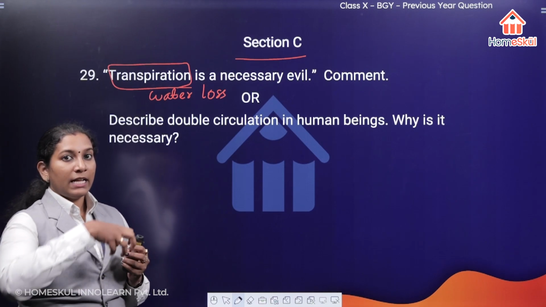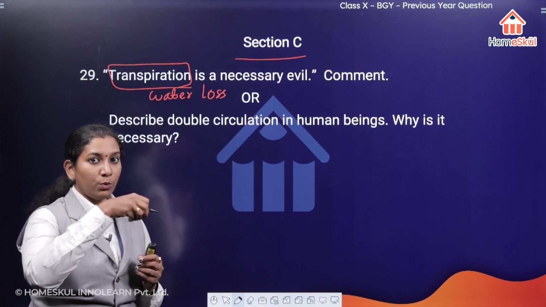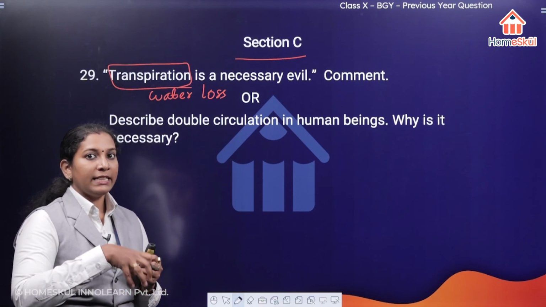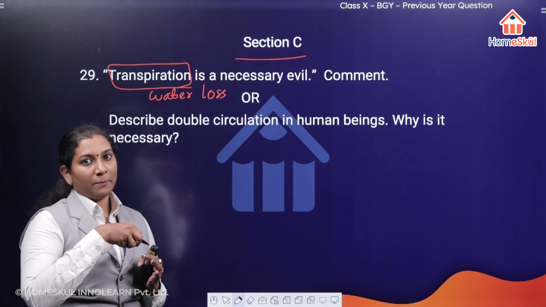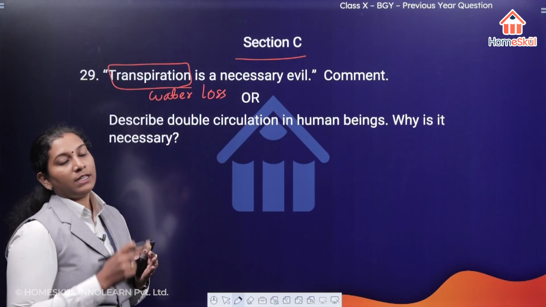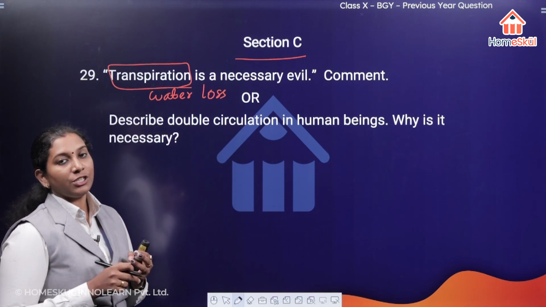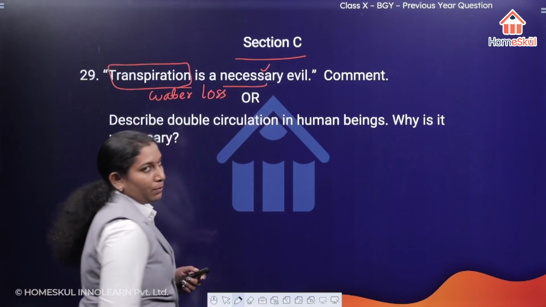Then the plant parts exert a suction pressure or suction force towards the root regions of the plant. Then the roots forcibly absorb water and minerals from the soil, which get transported through the stem and reach the leaves, right? So in that sense, it is a necessary process too.